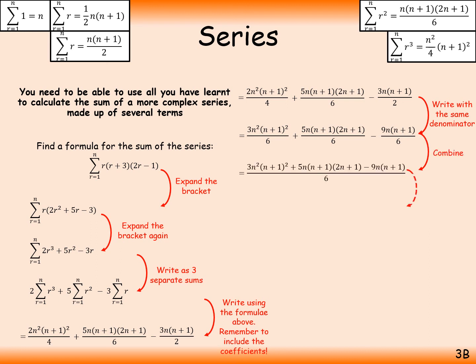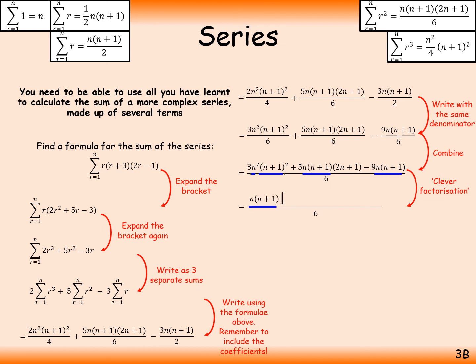We combine, and then a little bit of clever factorization here. So you can see there's n plus 1, n plus 1, n plus 1, and also there's n, n, n. So that would be the smart thing to do here.